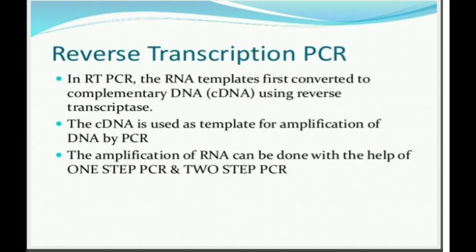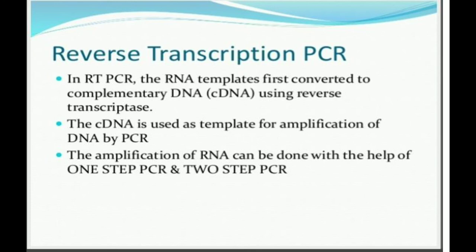Any reaction requires an enzyme, right, to increase the reaction rate. So here there is a conversion of RNA to complementary DNA, and for that it needs a reverse transcriptase enzyme. This complementary DNA is further used as a template for amplification of DNA by the PCR technique.